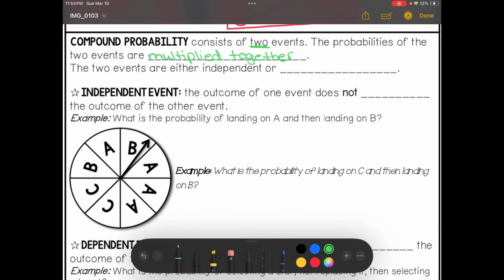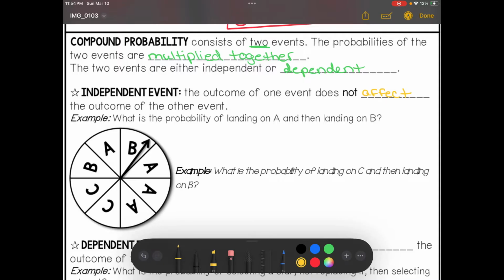The 2 events are either independent or dependent. First, let's talk about independent events. An independent event is where the outcome of one event does not affect the outcome of the other event. So it doesn't change it.